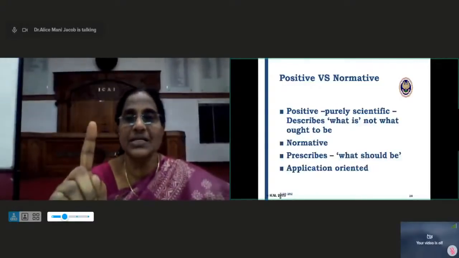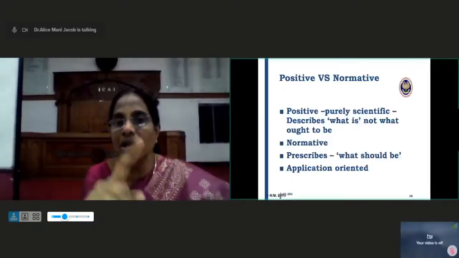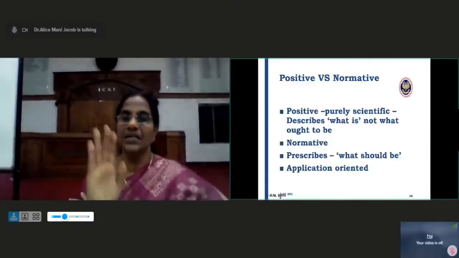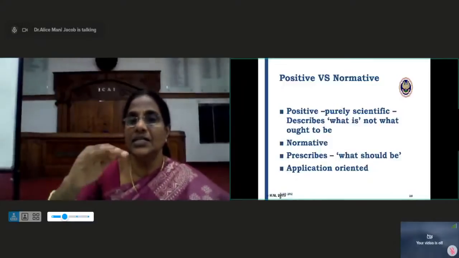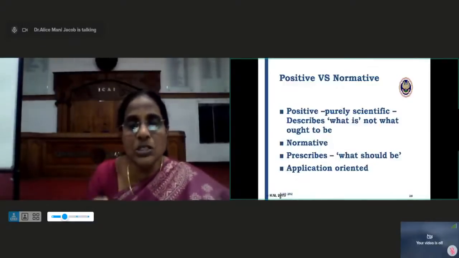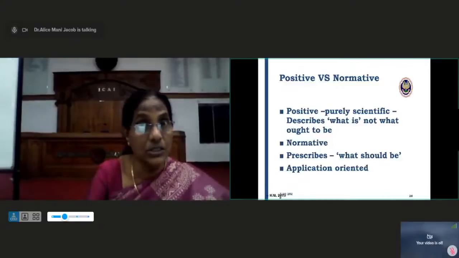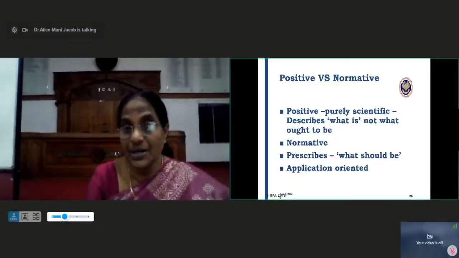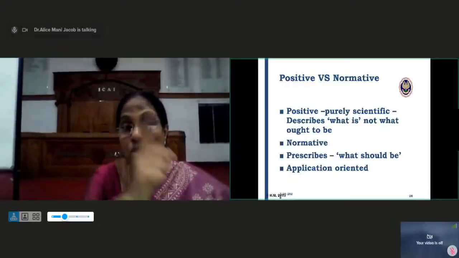In our previous example, I said cigarette smoking may cause lung cancer. That is a positive statement. But in a normative statement, it will become, do not smoke cigarettes because it will cause lung cancer. See, there is a prescription. What should be done? What should not be done?